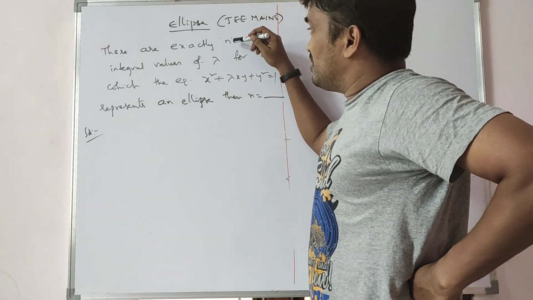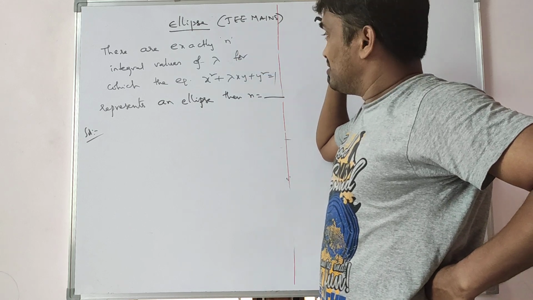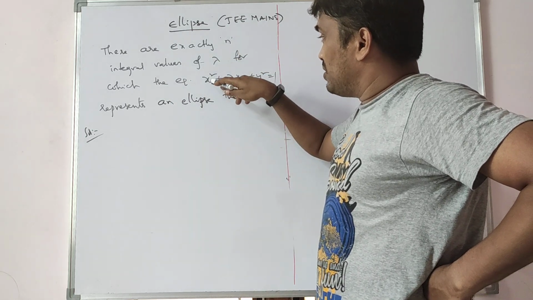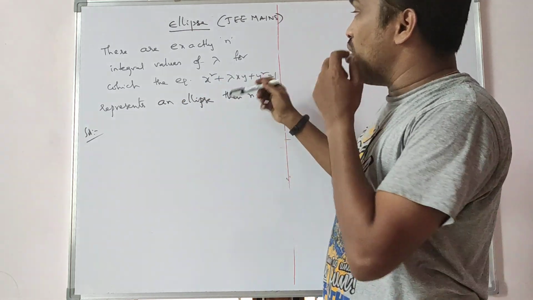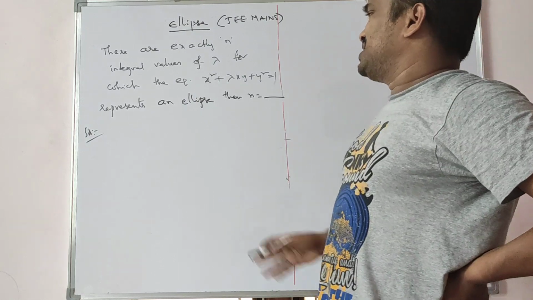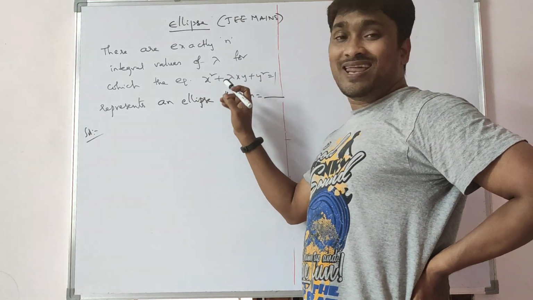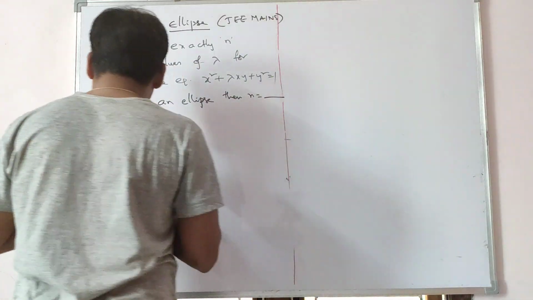So there are exactly n integral values of lambda. How is that? This equation represents an ellipse. Then how many values are there? Suppose a second degree equation is given, represents an ellipse, what is the condition required? I'm writing the formula.